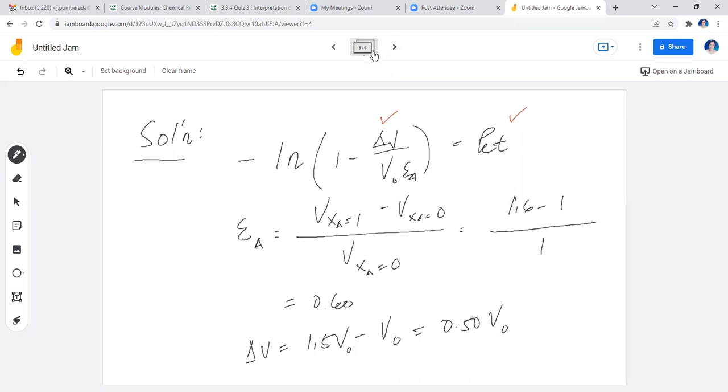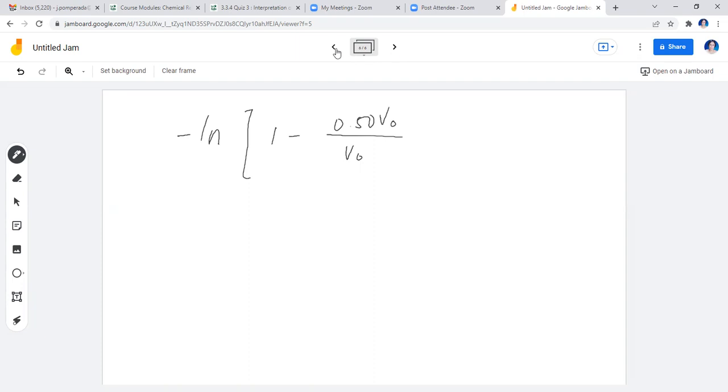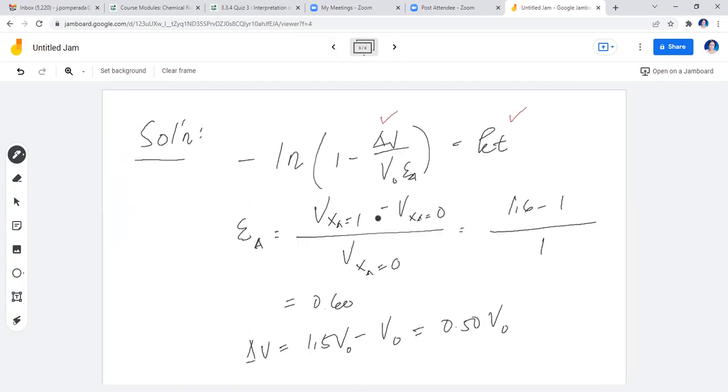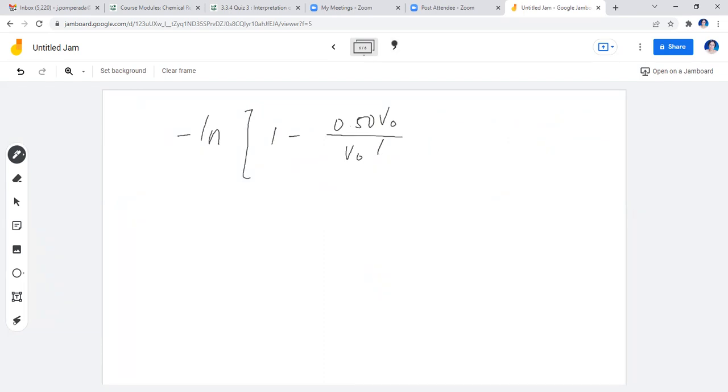Then you can substitute everything on the formula. So you have negative ln of 1 minus, so you have here 0.5 V sub O over V sub O, and epsilon A is 0.6. So you have here 0.6.